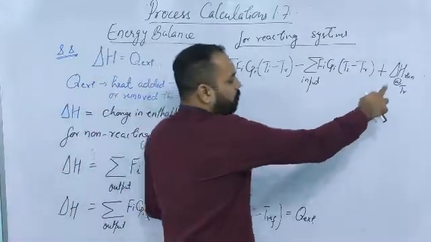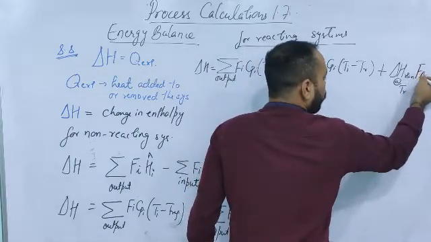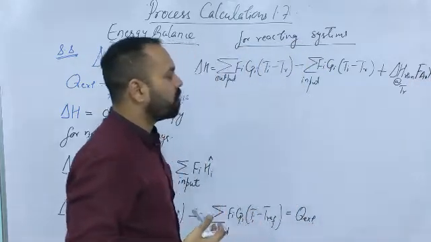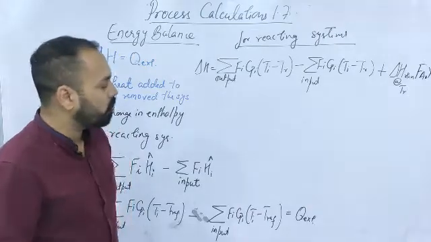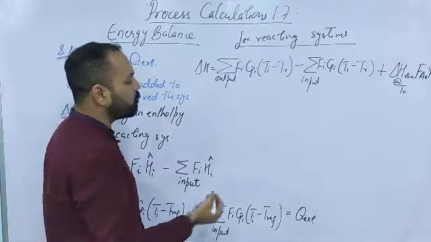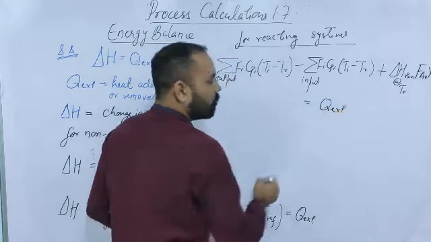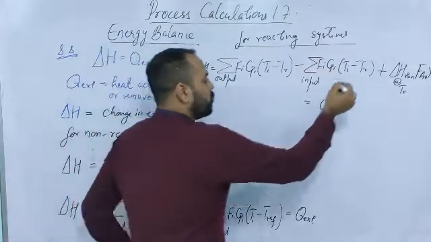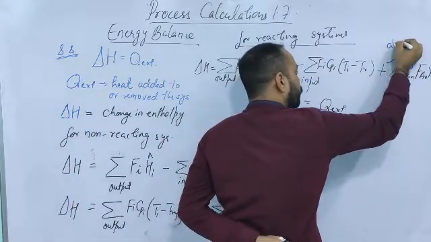In this case, you can select any temperature as your reference temperature, it doesn't matter, it is going to be cancelled. So this is the enthalpy of reaction at the reference temperature multiplied by Fa0 into Xa, where Fa0 is the molar flow rate of A, which is the limiting reactant, multiplied by the conversion of the reactant, and this should be equal to the Q external, right? Now here there is an important point, that we have to use the enthalpy of reaction along with its sign.